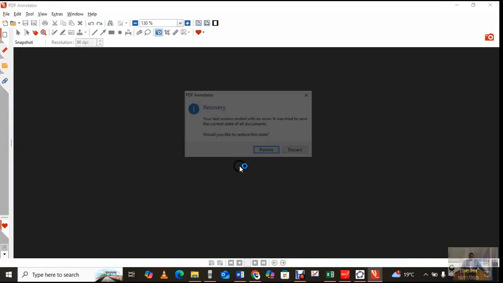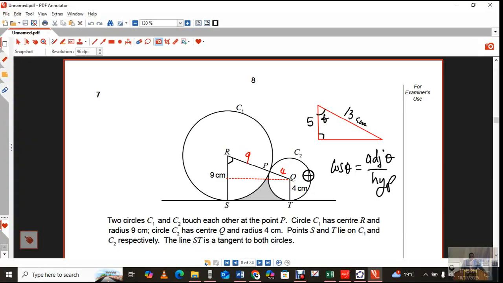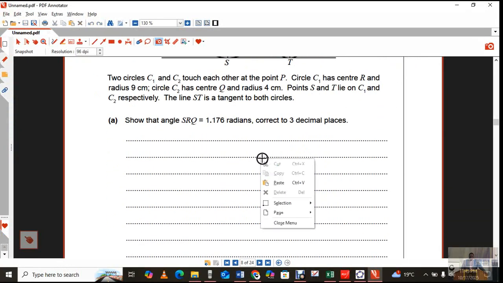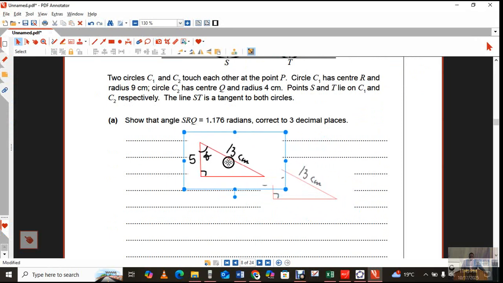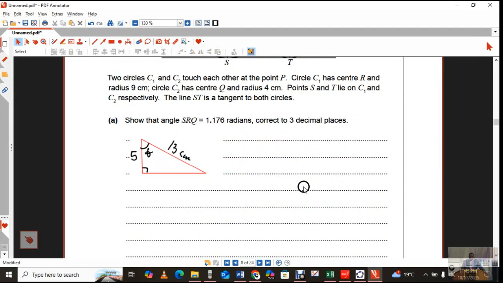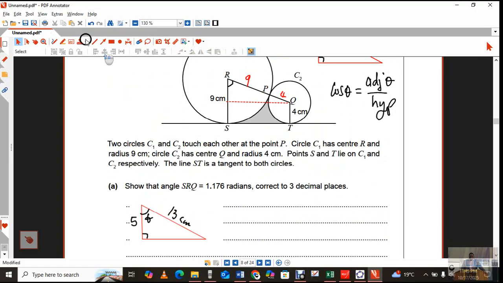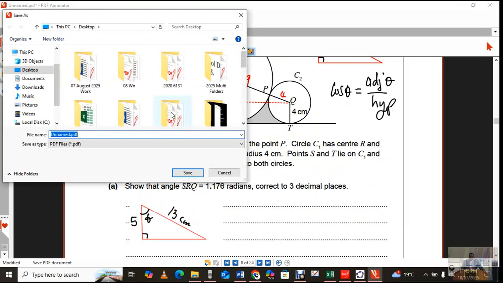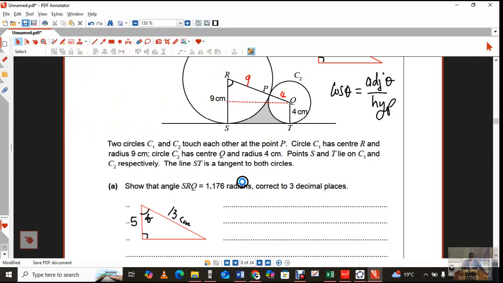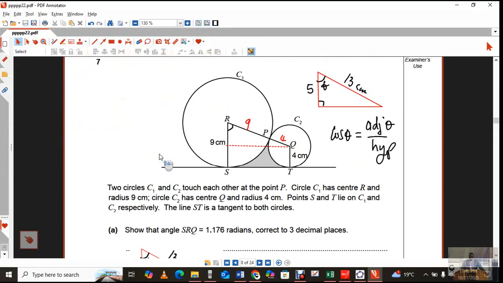Okay, typically it normally restores, so I can actually go ahead. Right, so I did bring that triangle over here. So let's just save this, and I will just say paper 222. I'll correct it later. Every time that happens, I will have to resave and resave.